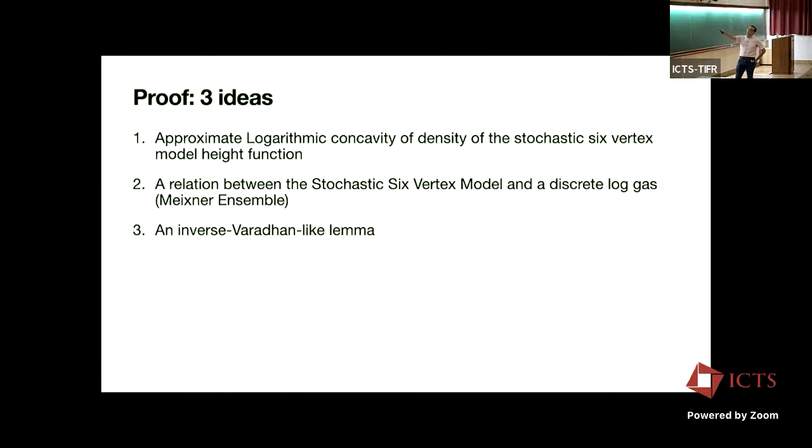Okay, three ideas. One is a certain a priori property of the rate function, which actually turns out to be a logarithmic concavity property of the probability distribution of the height function of the stochastic 6-vertex model.